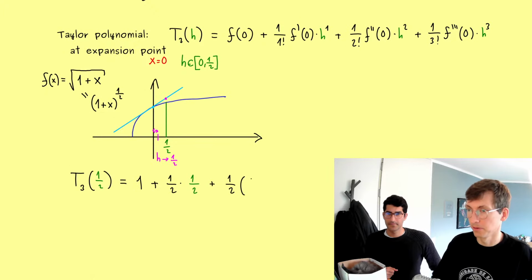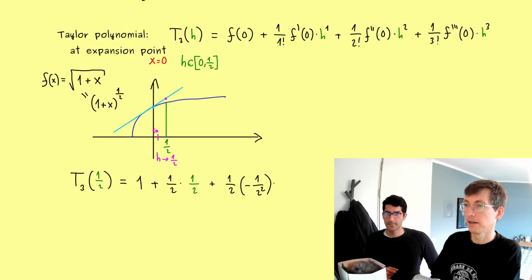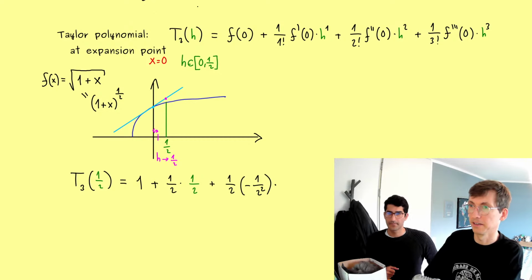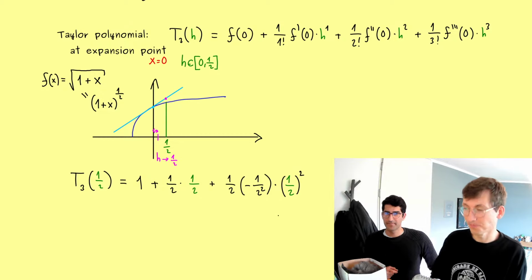Maybe we also write it as minus 1 over 2 to the power 2, to just have 2's involved and not the 4. And now we put in h again. Now h is 1/2, and now it's squared. Very nice, I like that. So we have a lot of 1/2s involved.